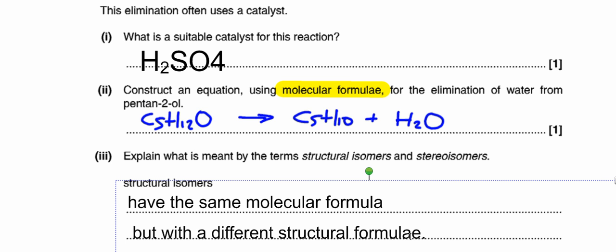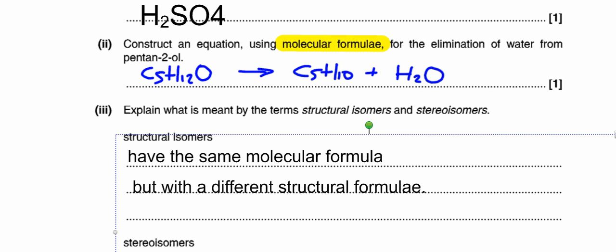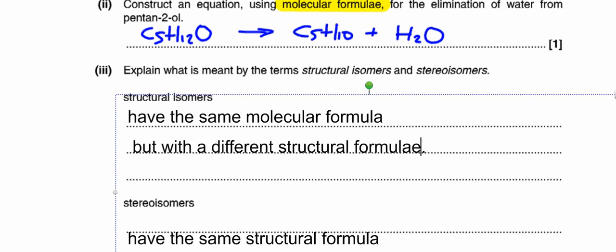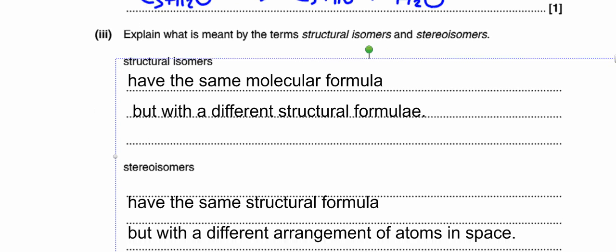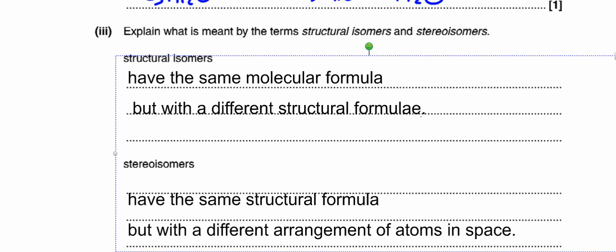Then stereoisomers, and in fact these two sort of follow on. Structural isomers, same molecular formula, different structural formulae. Stereoisomers, same structural formula, but then you have a different arrangement of atoms in space.